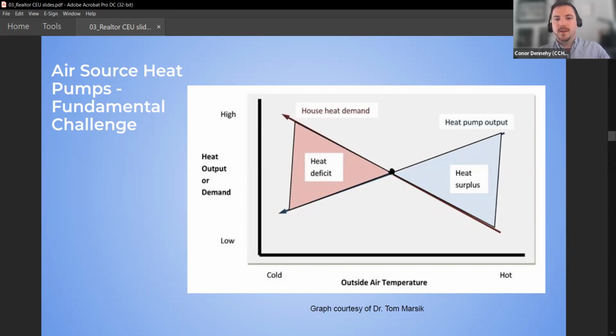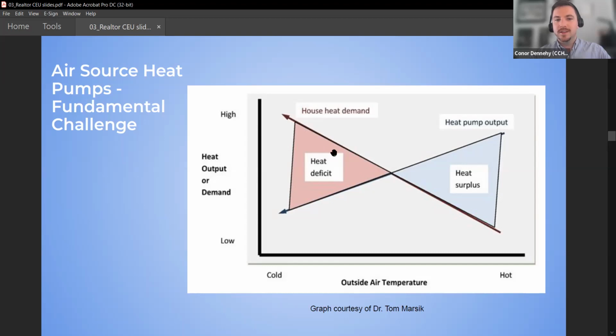And so that's the point where your heat pump is matched perfectly with the demand of your house. So say it's the middle of November and it's 20 degrees out, and you've got a 18,000 BTU per hour heat pump and it's working perfectly, you could be near the balance point for that load. And so once it gets colder, so down here, suddenly our house demand is greater than the heat pump output here.